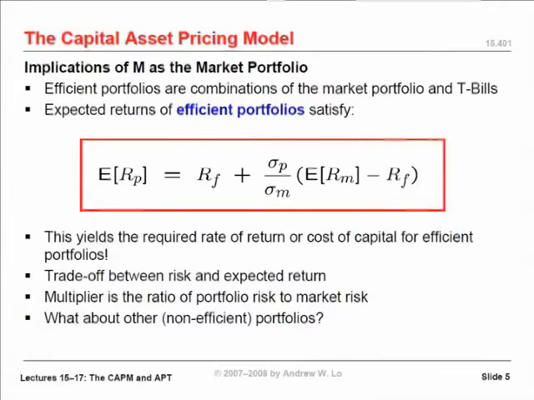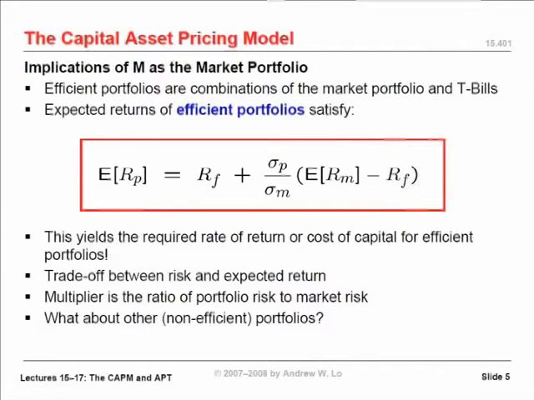I can write down a relationship between the expected return and risk of a portfolio on this line. And this is it. The expected rate of return of an efficient portfolio, by efficient I mean a portfolio that's on that line. Anything that's not on that line, if it's below that line, it's inefficient, right? You're not getting as much expected return per unit risk, and you're not reducing your risk as much as you can per unit of expected return.